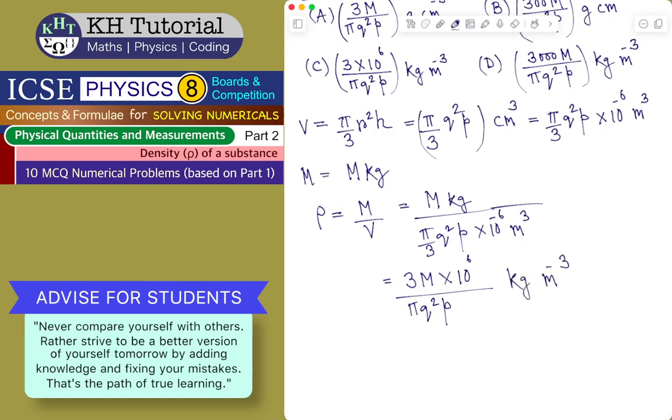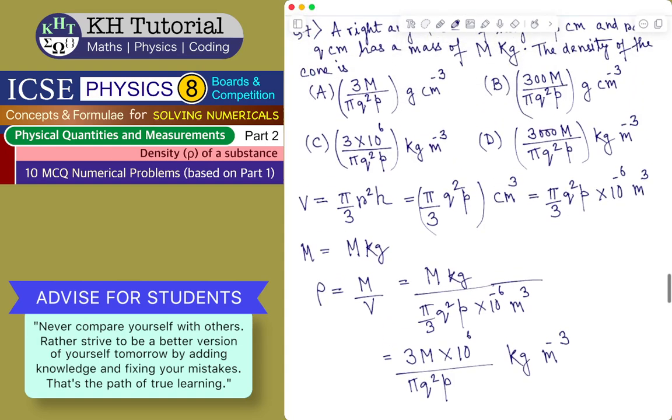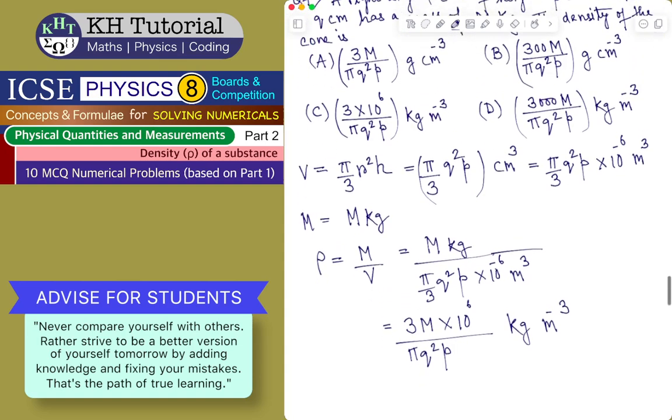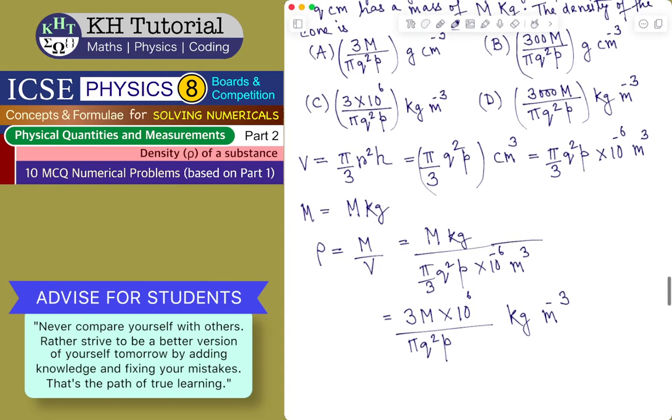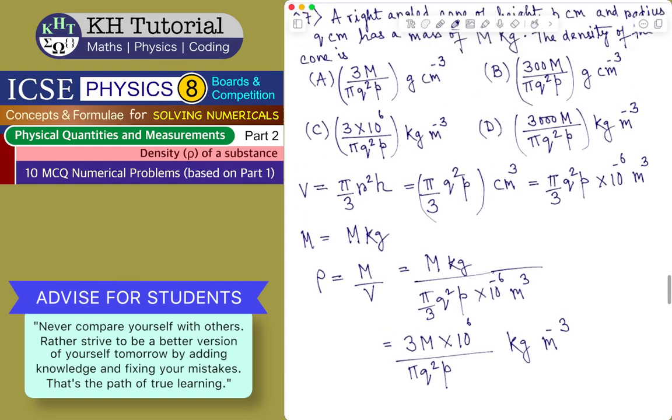So this is the value of the density in SI unit: 3M multiplied by 10 to the power 6 divided by pi q square p. Is it matching with any choice?